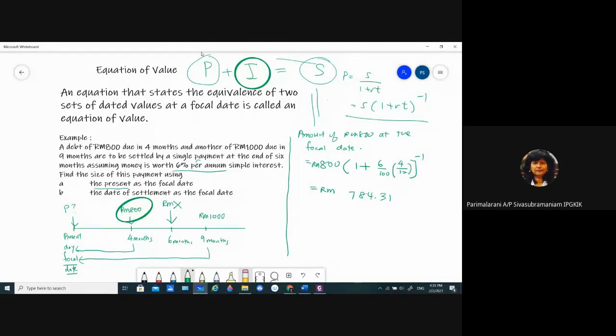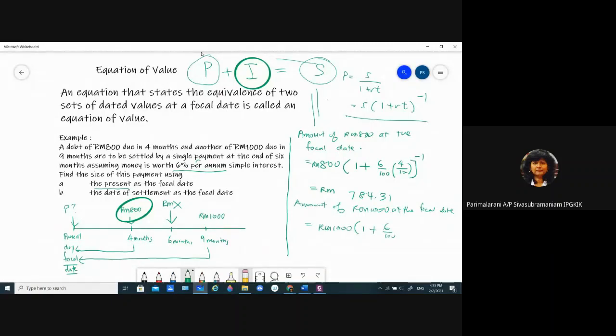Okay, this is also like the 1,000 is at the back and the focal date is in front. So we are finding the principal. So the amount of 1,000 ringgit at the focal date is 1,000 ringgit times 1 plus R, which is still the same.